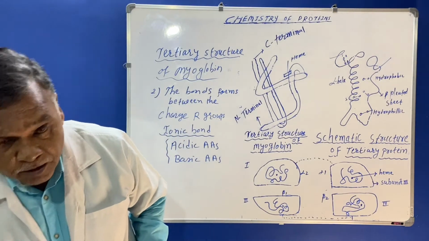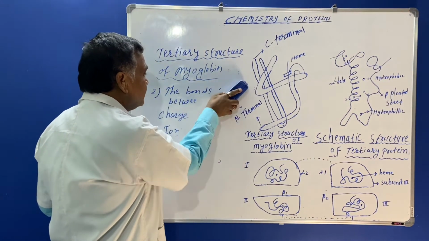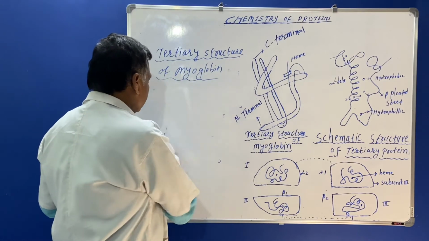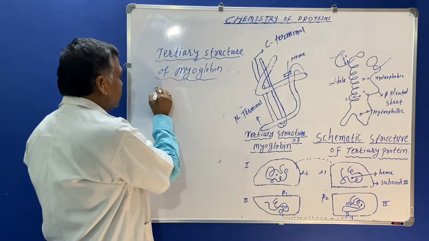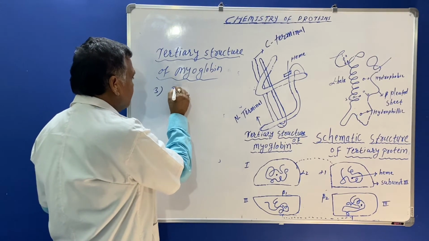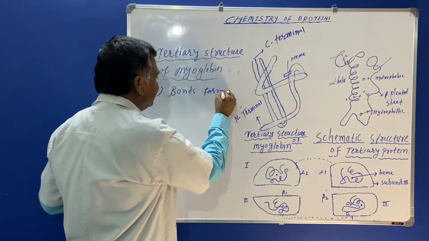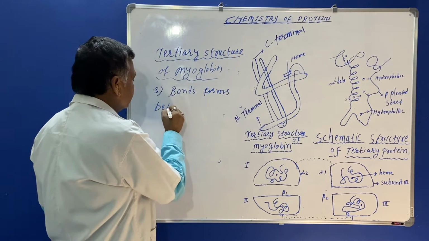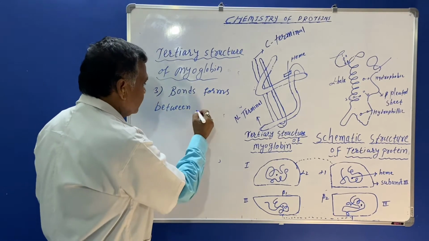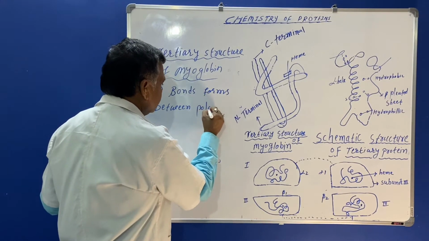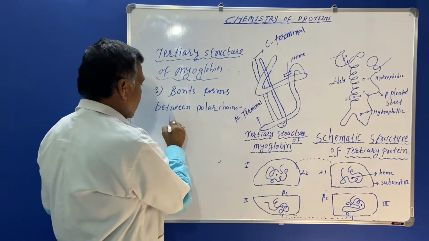Now the third bond which is formed, the bonds formed between polar chains, is called a hydrogen bond.